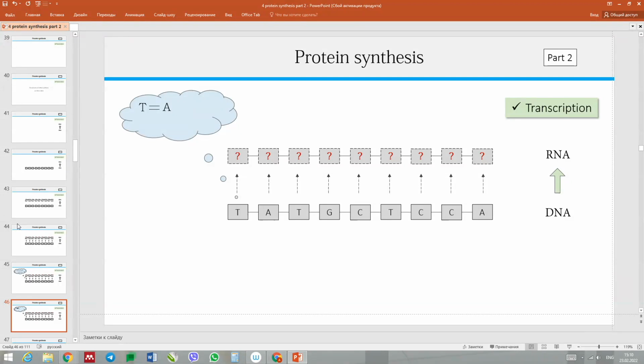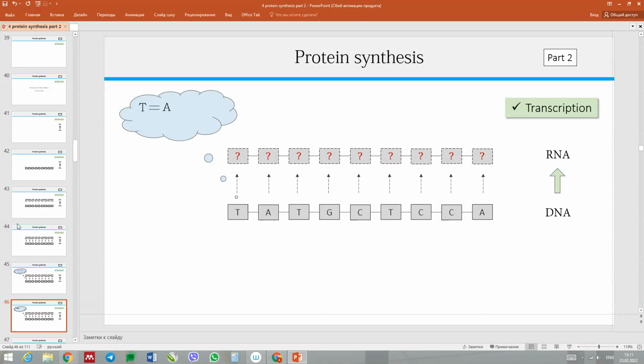And this is part of the complementary principle, that thymine corresponds to adenine, guanine corresponds to cytosine, and for DNA-RNA interconnections, this complementary principle is slightly different because inside of RNA there is no thymine, and instead of thymine there is uracil. I hope you remember this, and I told you that this is something very important.